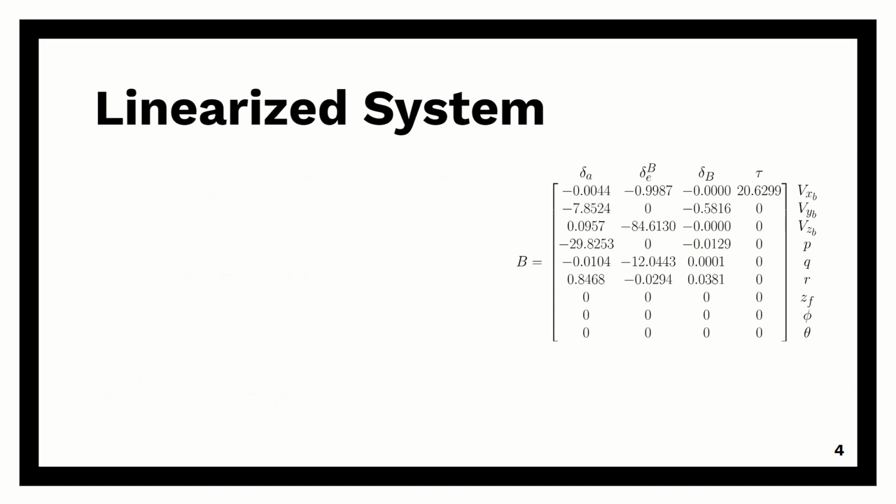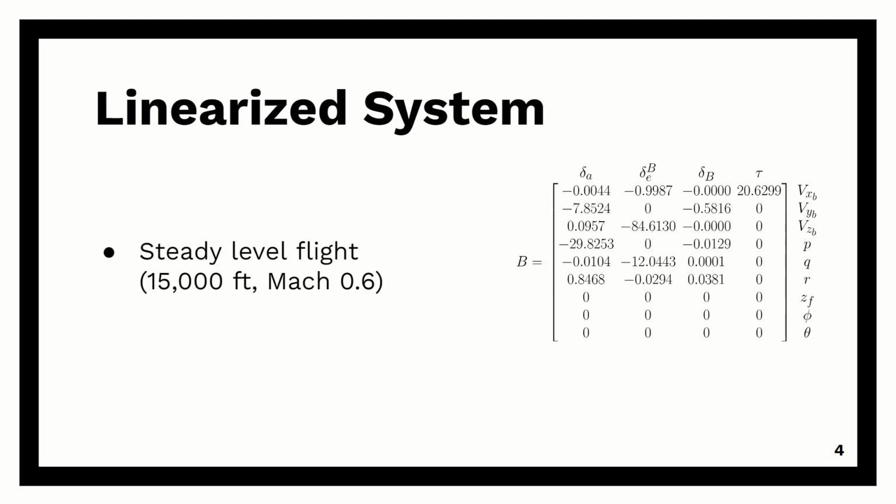So once we use these dynamics models, we can create a linearized system, and that is in the paper. You can check that out, about some trim condition. In our case, we use steady level flight at 15,000 feet, Mach 0.6, and we get this control matrix shown here.